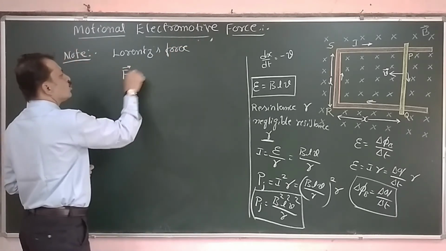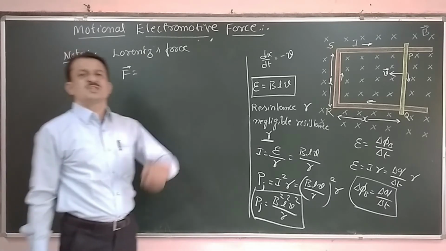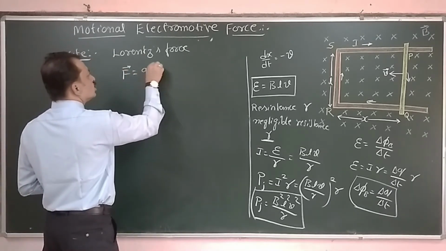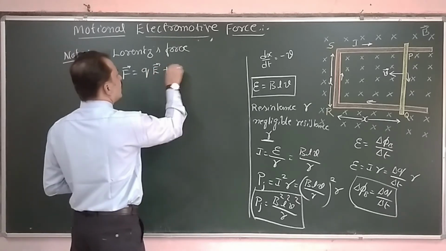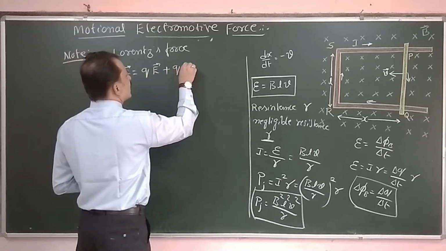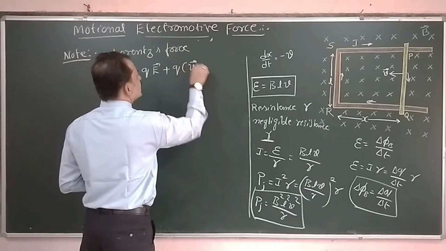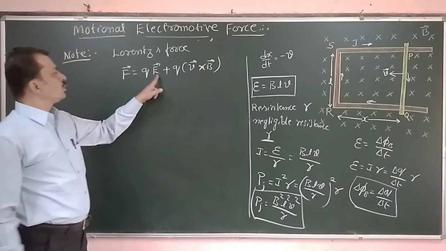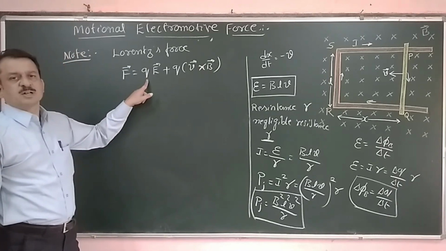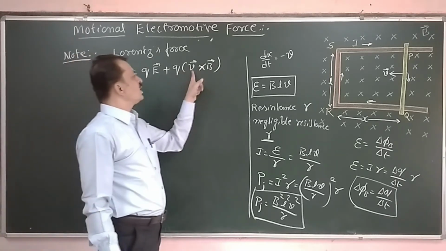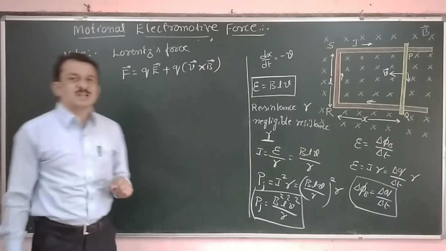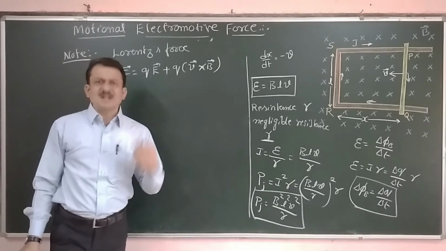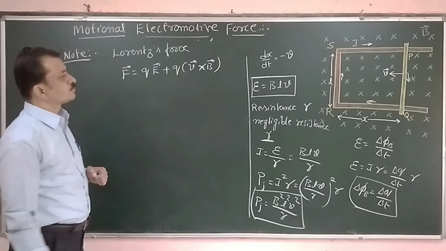It is the total force experienced by a charged particle in the presence of both the electric field and the magnetic field that we have studied in the previous chapter. q into vector E, that is the electrostatic force. q into v cross B, that is the magnetic force experienced by a charged particle in the presence of both electric and magnetic fields.